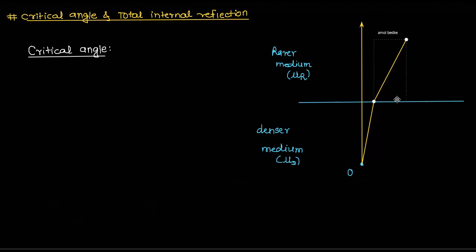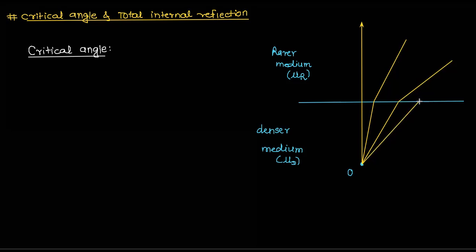It bends away from the normal. This will graze this surface, and if you are incidenting beyond this, then the ray will get reflected back into the same medium.